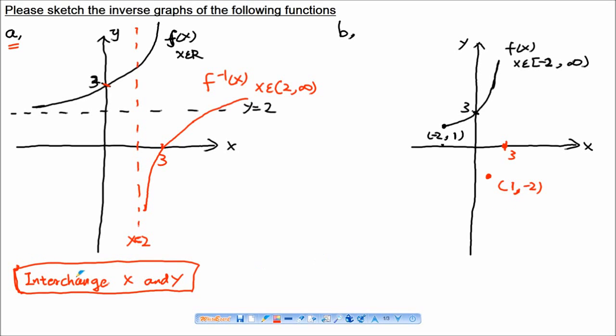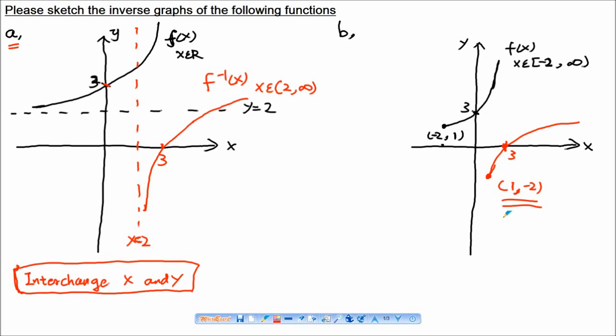Because if we interchange x and y, any point of the original graph should have its x coordinate and y coordinate interchanged. So in my inverse function, I would have this point. Now let me draw the graph. It should look like that.